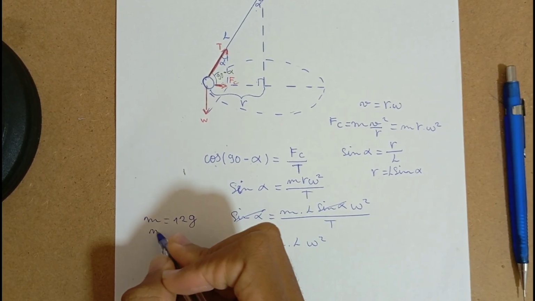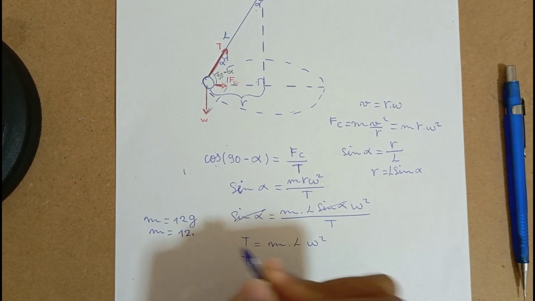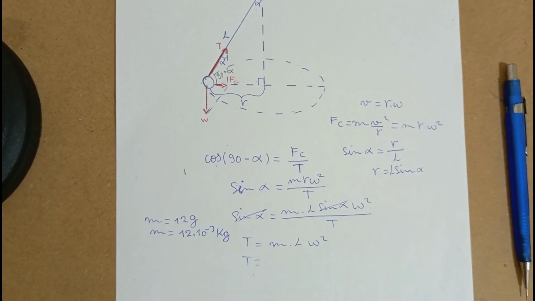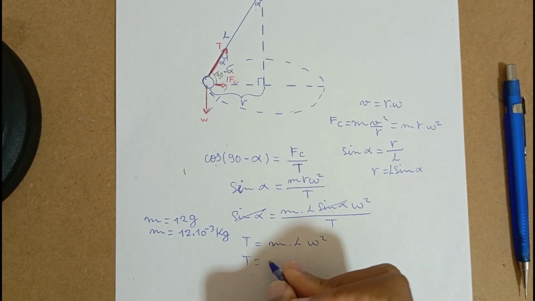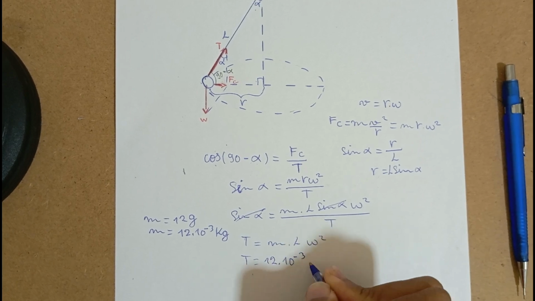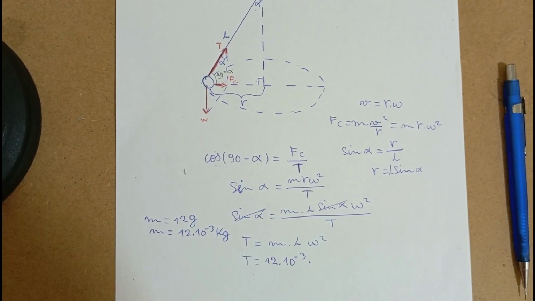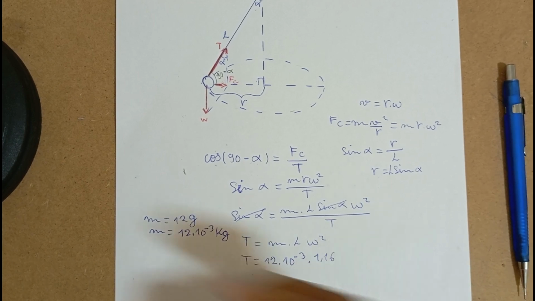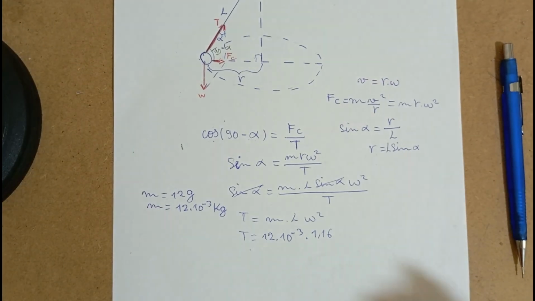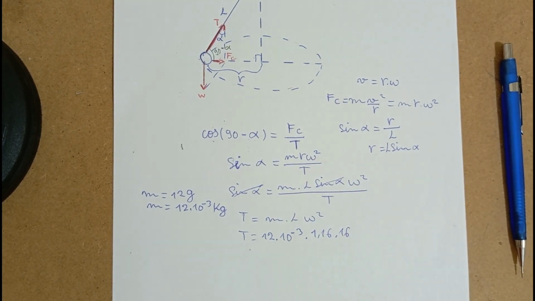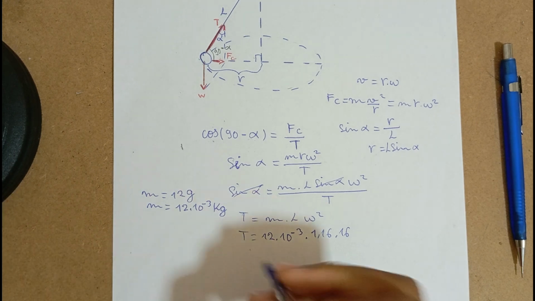So we get 12 times 10 to the minus 3 kilograms. And the angular velocity is 4, and 4 squared we all know is 16.